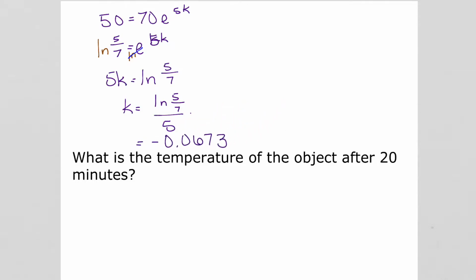So our model would be U of t equals our surrounding temperature, 30, plus 100 minus 30, which was our 70, times e to the k, which is negative 0.0673 times t, where t can be any time in minutes. So it asks us what's the temperature of the object after 20 minutes.